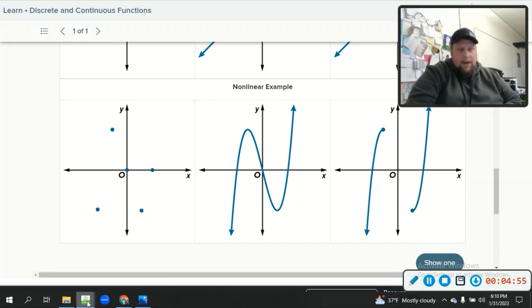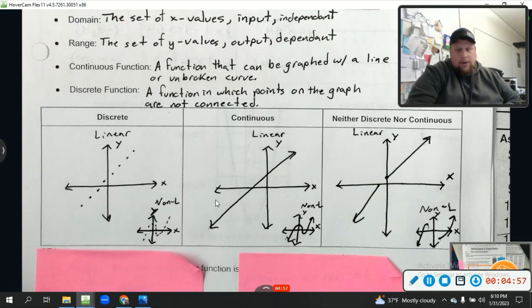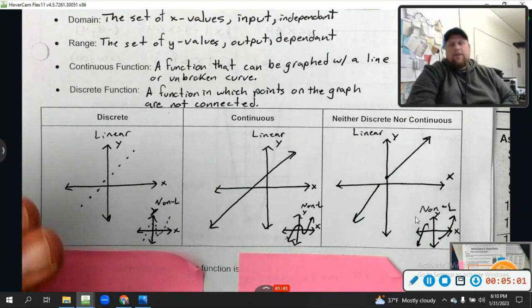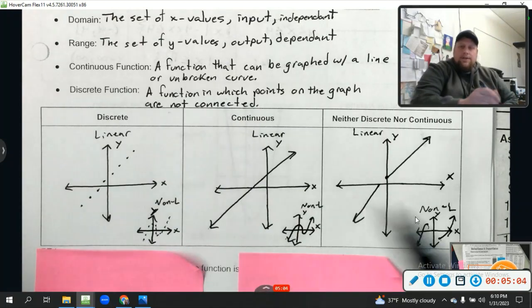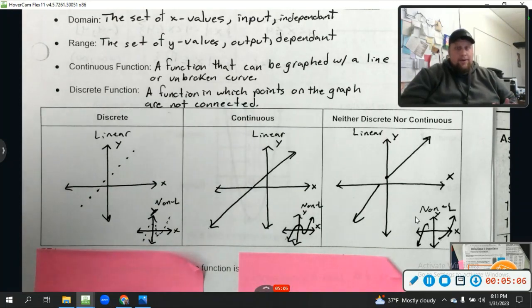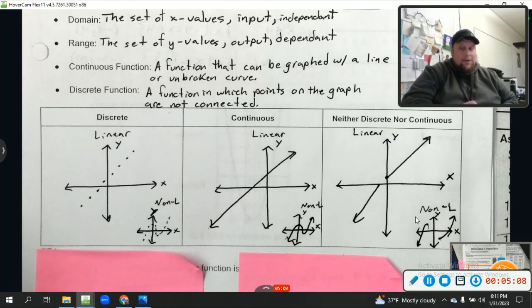I just drew the dots. It's not that hard, guys. If there's dots and only dots, it's discrete. If it's unbroken, it's continuous. If it has a little bit of continuity but also some discrete parts, some breaks in it, it's neither. Elements of both is neither.